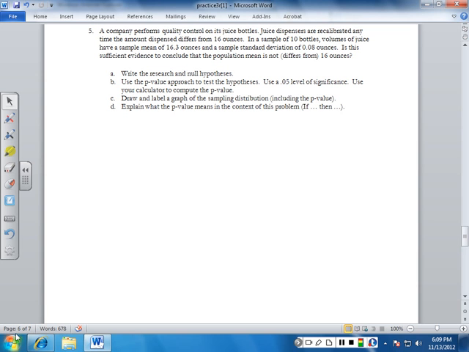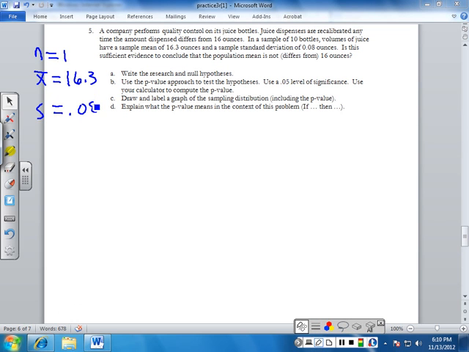Okay, so number 5, doing a little quality control thing here. We're going to recalibrate these dispensers anytime it differs from 16 ounces. So we have a sample of 10. We have a sample mean of 16.3 and a sample standard deviation of 0.08.